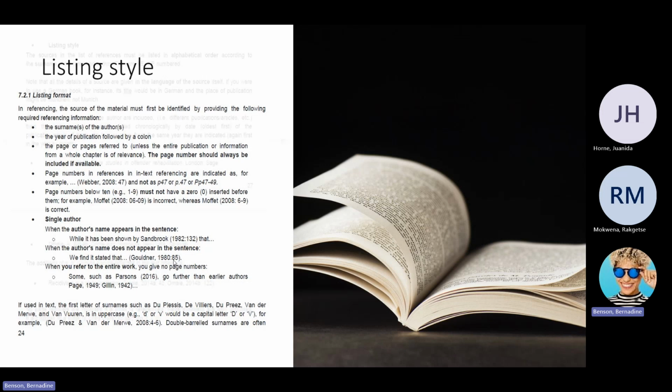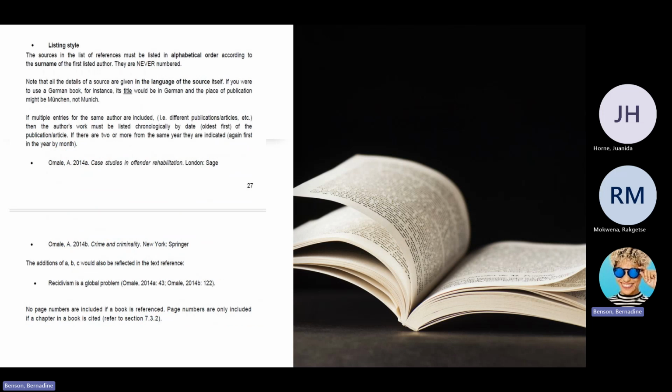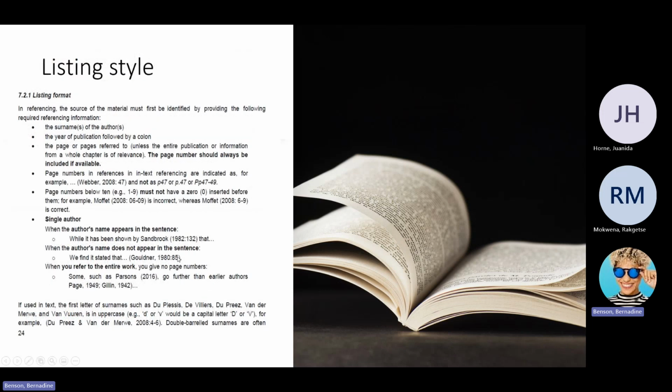So this is what it looks like when there is no space. Sorry, this is what it looks like here by Goldner, where there is no space. And then this is what it looks like when there is also a space. You also will have an option in terms of the comma after the author to have a comma or not. Again, rule of thumb, if you are going to go without the comma, there will just be a space and then the date, then you follow that consistently.